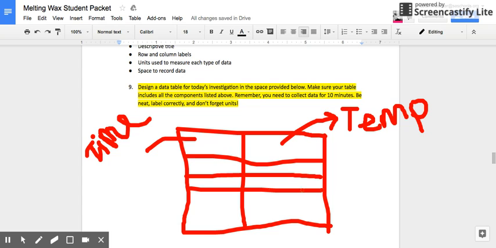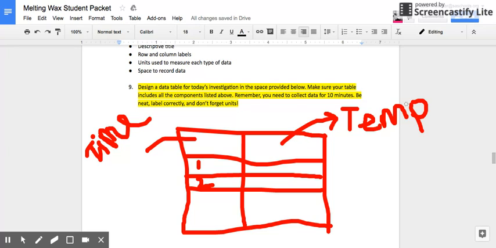And then below that, you would have had 10 rows, one for each of the 10 minutes that you're recording the temperature for your wax. So it would have been 1, 2, and then you would have continued until you had 10 rows. So this is what your table should have looked like.